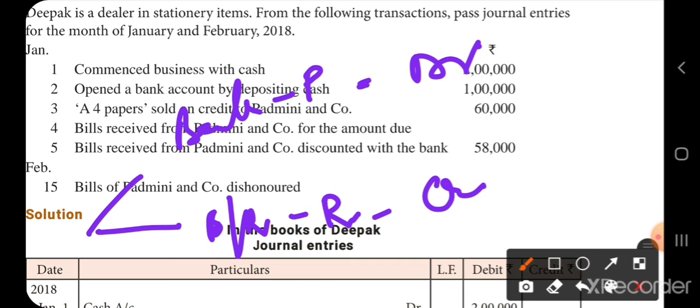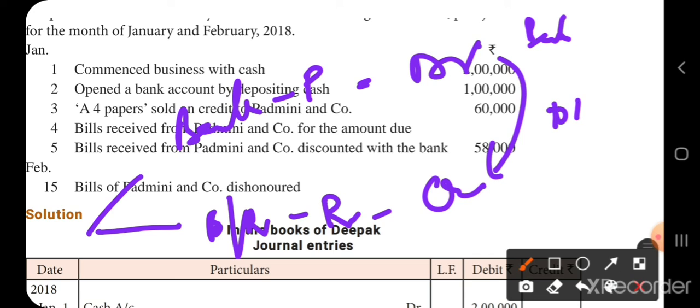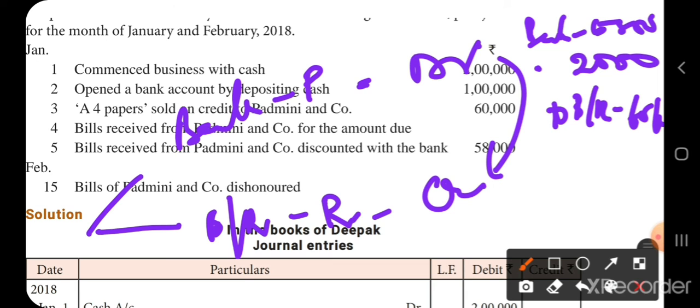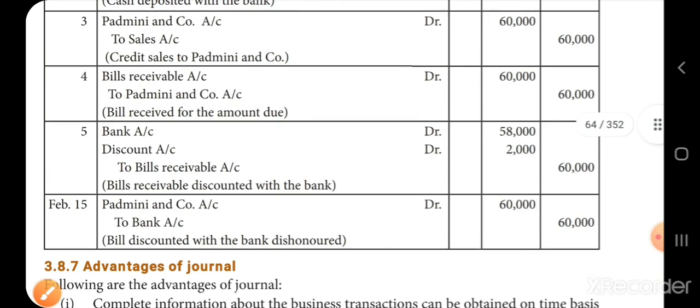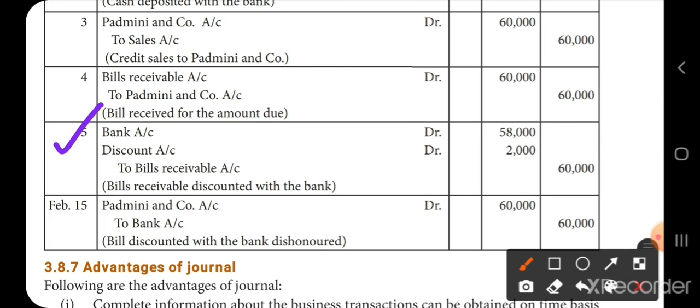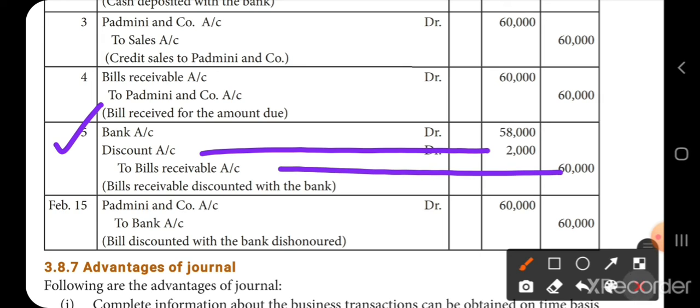The entry will be bank account debtor to bills receivable. Actual bills receivable is 60,000 and bank is 58,000. The difference of 2,000 will be discount. Okay. Hope this entry is clear for everyone. Bank account debtor 58,000, discount 2,000 to bills receivable 60,000.